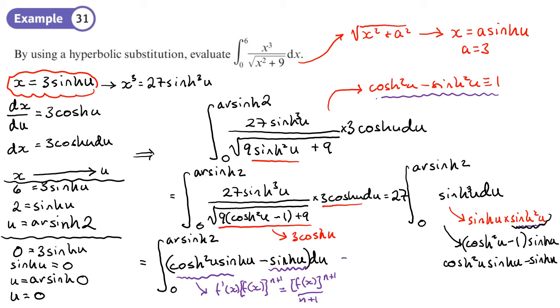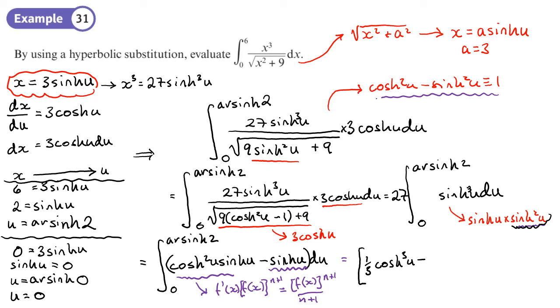Right, so that becomes 1/3 cosh cubed u minus cosh u, and that's between the limits 0 and arc sine 2, which we mustn't forget to multiply by the 27.